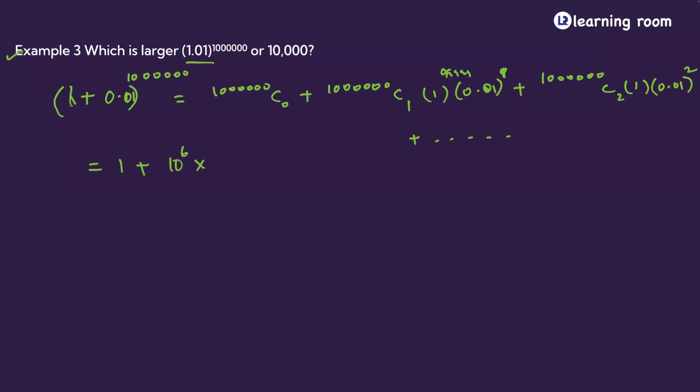Can I write it as 10 power minus 2? So 10 lakh C2, actually NC2, is n into n minus 1 by 2. But I'm not interested in finding it, because 10 power 6 into 10 power minus 2 is going to give me 10 power 4.